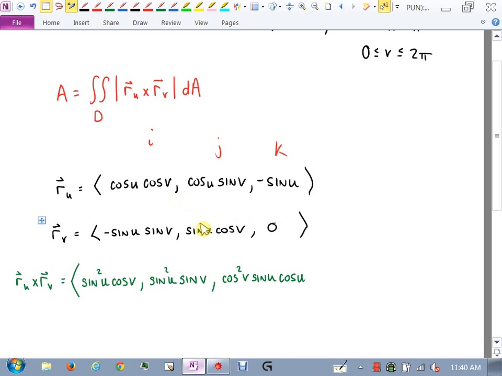But then what? Minus, I've lost myself here. Minus, but then it's negative, so plus this times this, which will be sine squared v and then cosine u sine u.